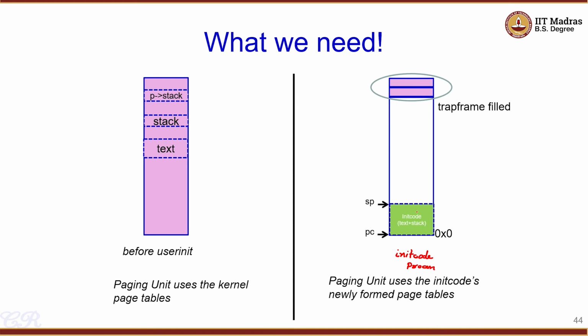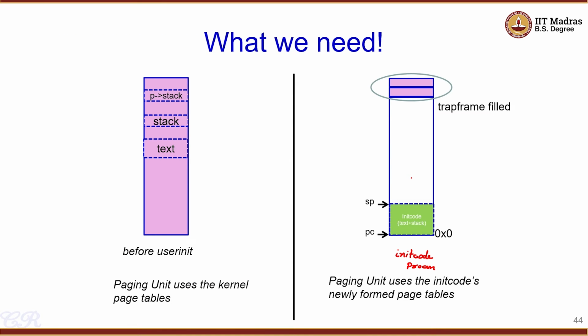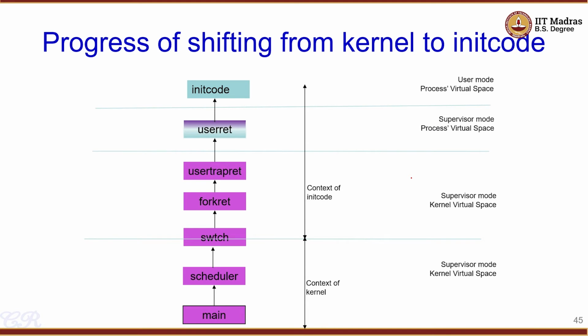And the third is that we need to change the virtual address space from the kernel's virtual address space to the user process's virtual address space. So there are multiple transformations that need to take place for this to happen.